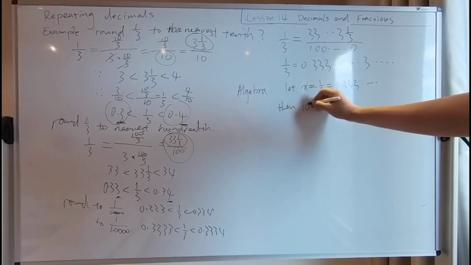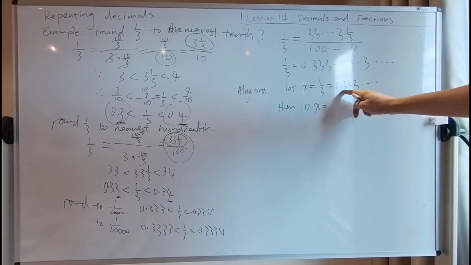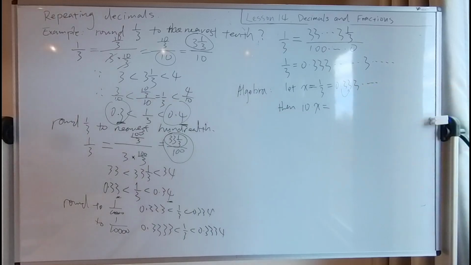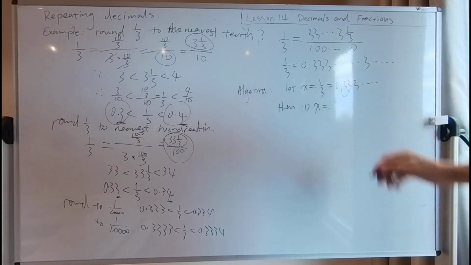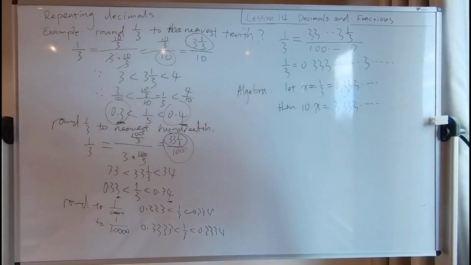Then 10 times x is 10 times this number. And we just learned that multiplying a decimal number by 10 means you move the decimal point 1 step, so that's 3.333 with infinitely many 3's again.